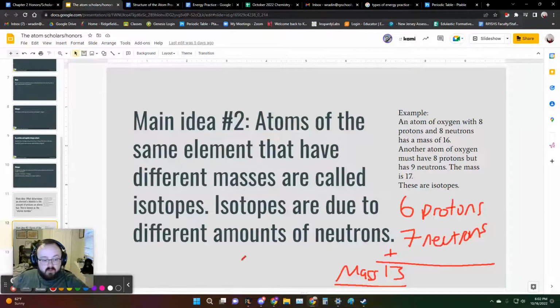But if we have another atom of carbon that also has 6 protons, because this is what makes it carbon, but it only has 6 neutrons, our mass is equal to 12.